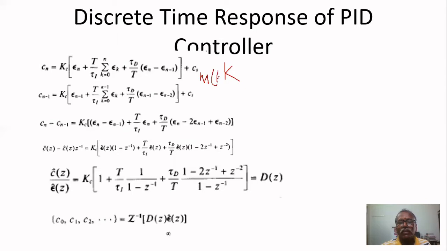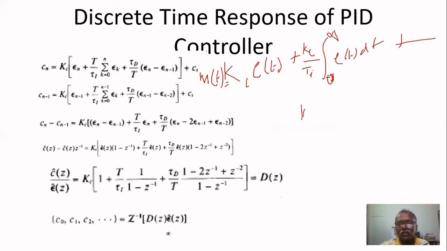We'll write m of t equal to Kc multiplied by E of t, plus Kc by Ti integral from minus infinity or 0 to infinity of E of t dt, plus Kc Td dE by dt. This is the expression for the PID controller.